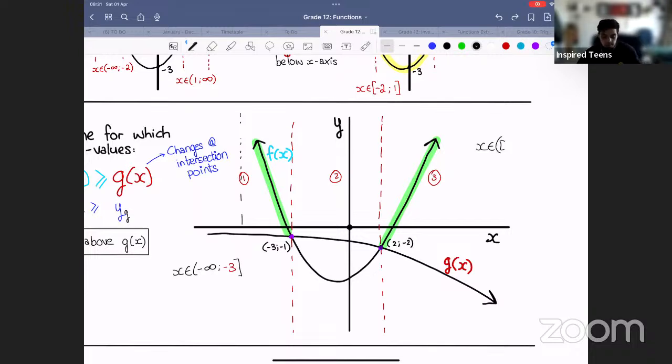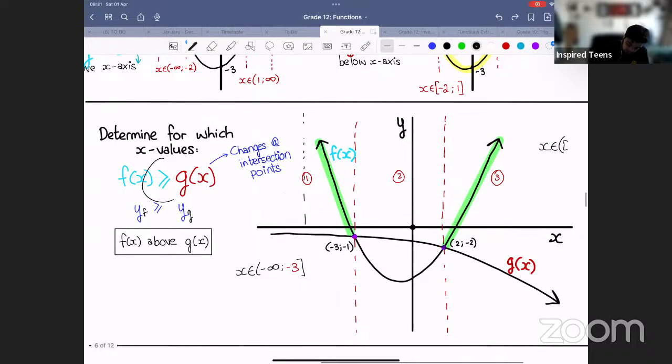Why do I include? Exactly, because it's included in the question.